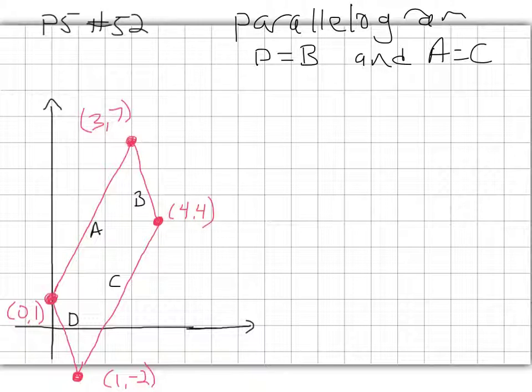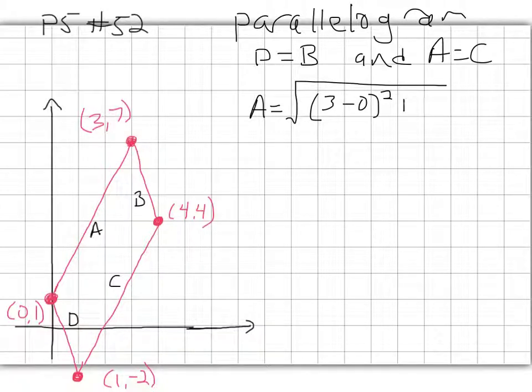Okay, so the length of side A is going to be the square root of the difference in our x's, which is 3 minus 0 squared, plus 7 minus 1 squared. Right? Difference in the x's, difference in the y's.